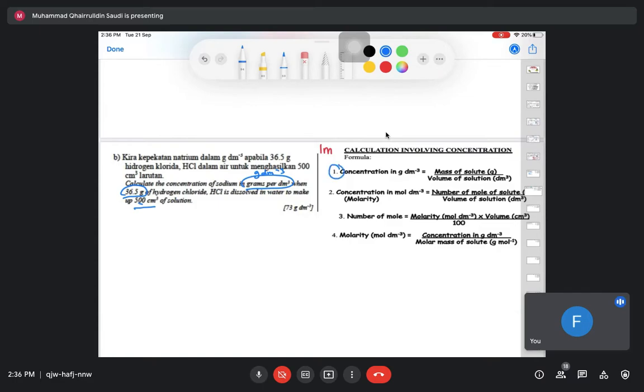Sama juga, still formula number 1. So the mass is 36.5 gram divided by 500 over 1000 to change it to decimeter cube, and the answer will be 73 gram per dm cube. This will be 1 mark.